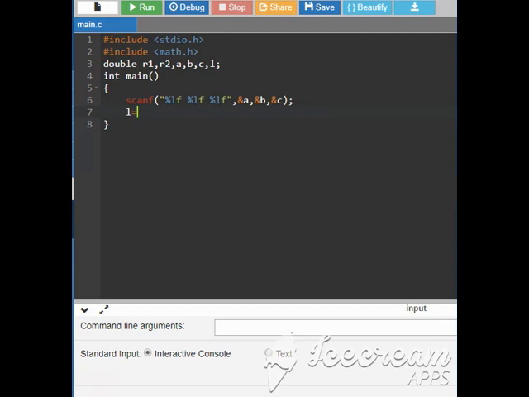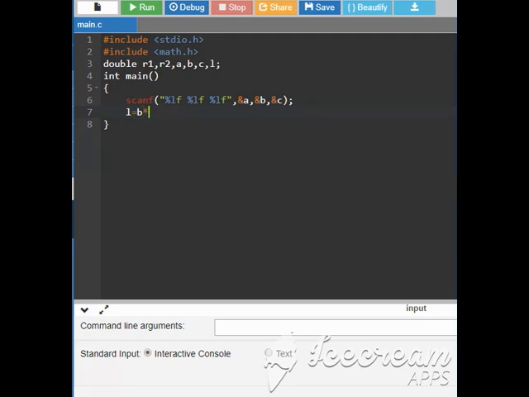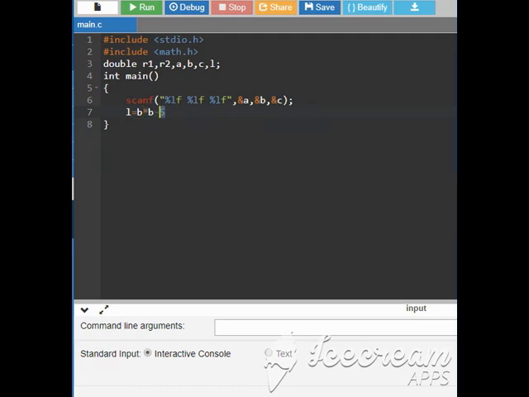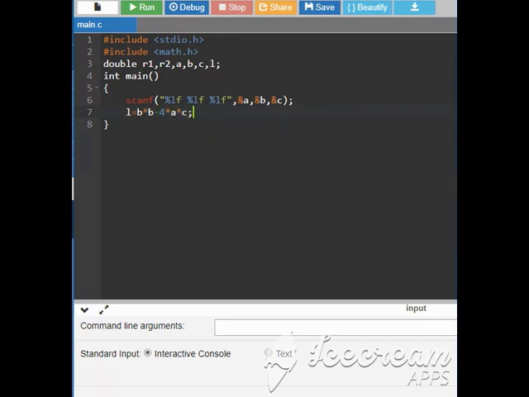So the value under the root is b squared minus 4 times a times c.